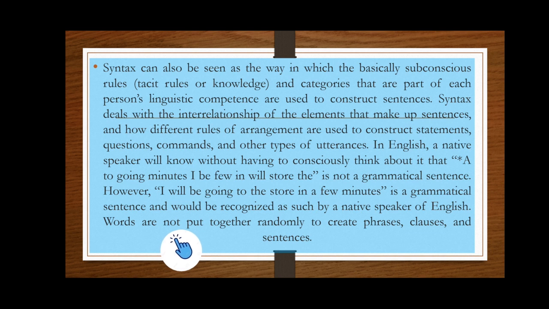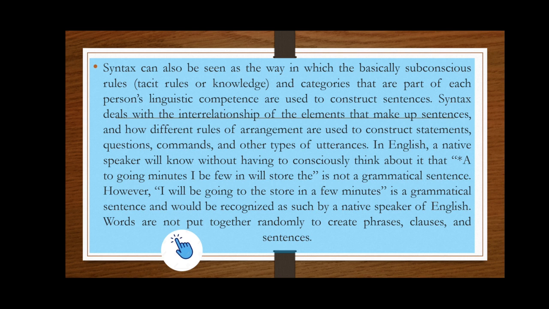For example, if I say "I teach English," first I put "I," then the verb "teach," and then the object "English." The rules tell me this is the structure for constructing an English sentence. While if I say "I English teach," the rules tell me that this sentence is ungrammatical.